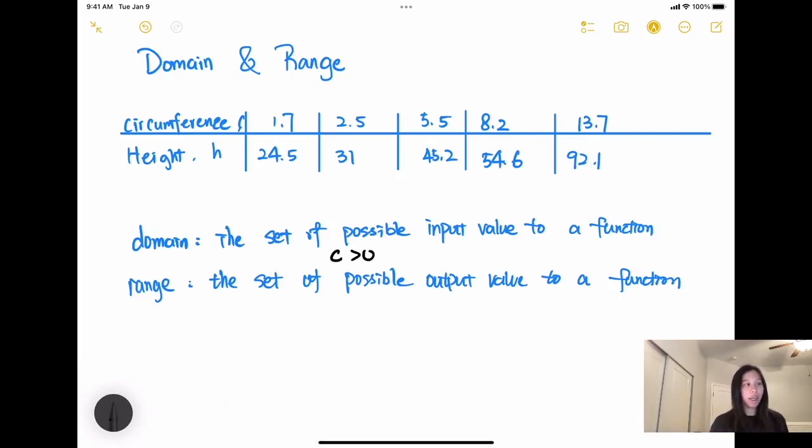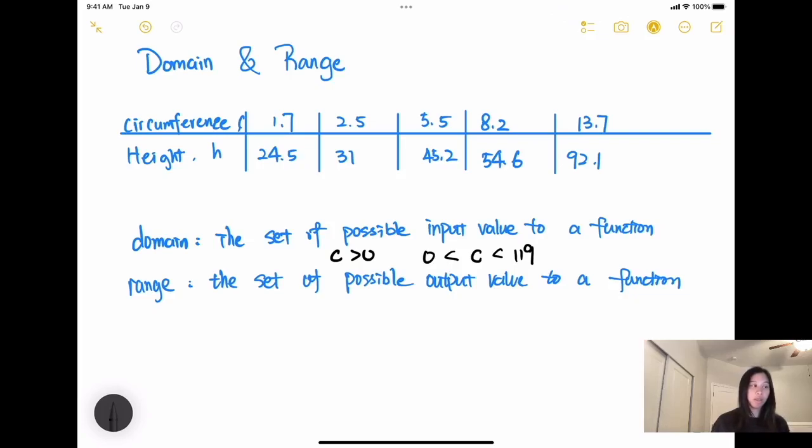And we could make an educated guess at the maximum reasonable value or look up the maximum circumference measured. In the world record, it's about 119 feet. So I would say the circumference of a tree should be between 0 and 119 feet. This is a reasonable domain for us.